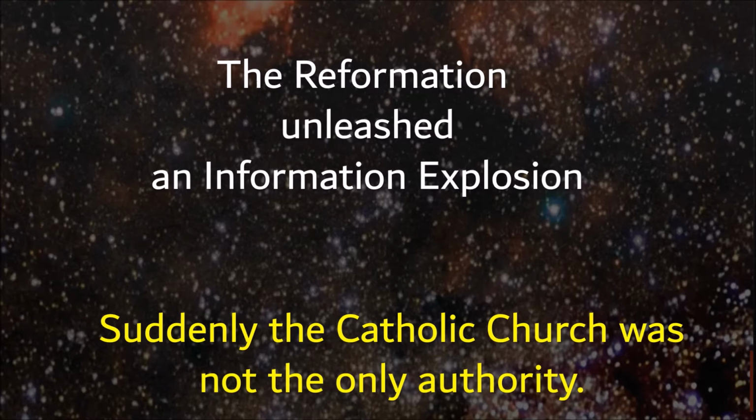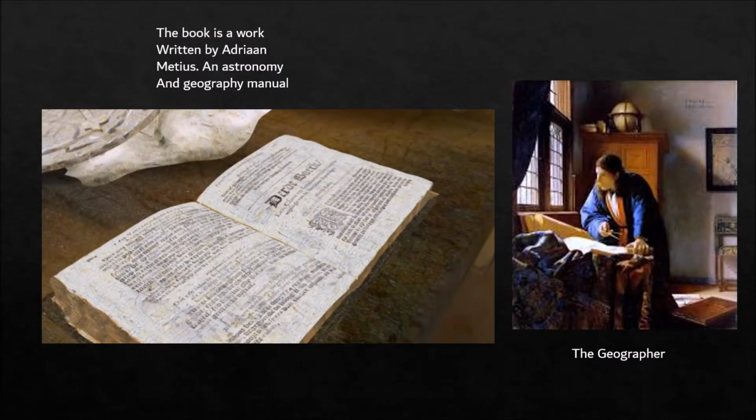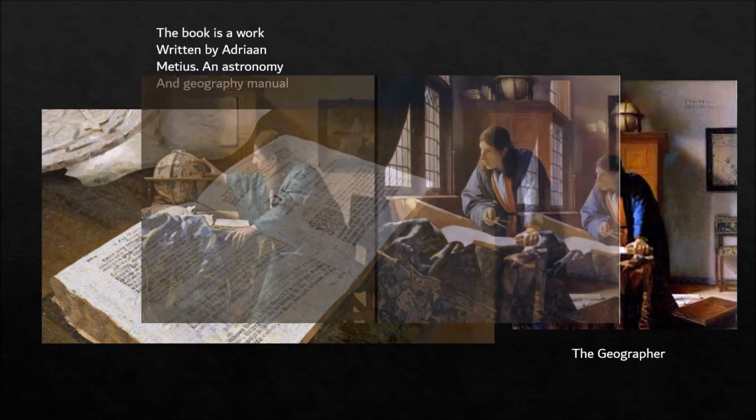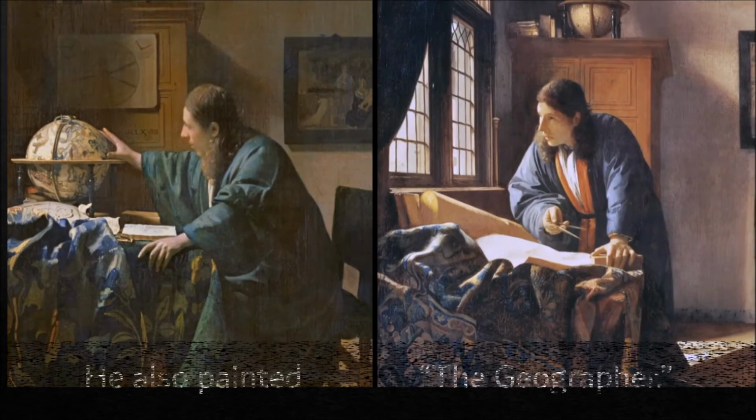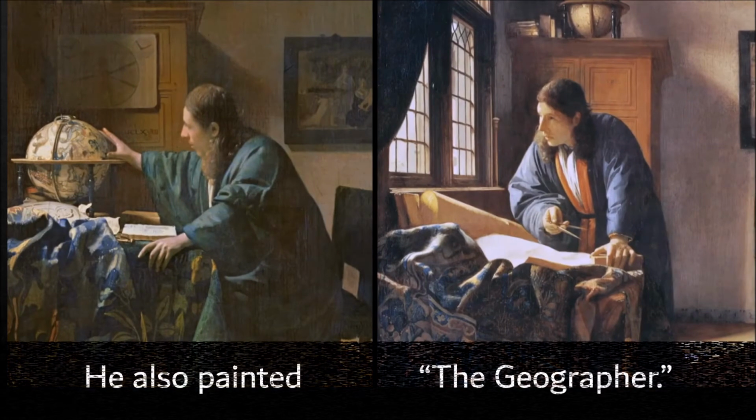And there are a lot of things that Luther did, but one of the main things he did was to set the stage for a new world where suddenly the Catholic Church was not the only authority in town. The book here is a book that was written by Midius. It's an astronomy and a geography manual.